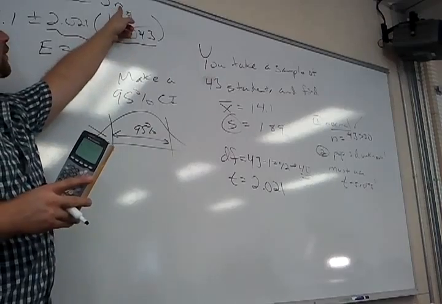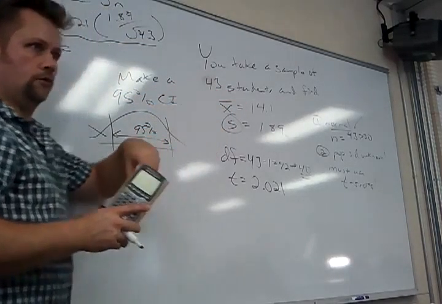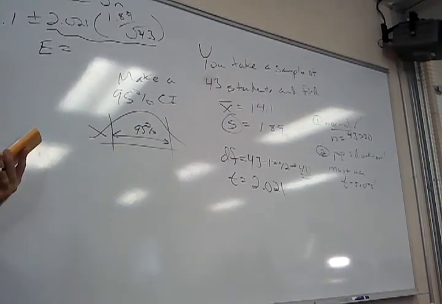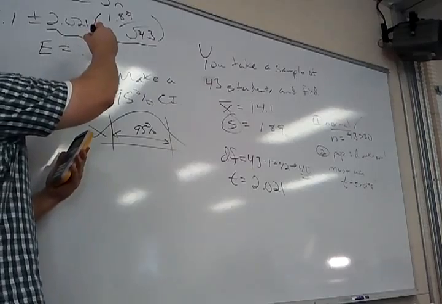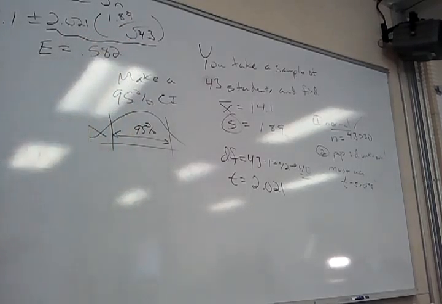The formula needs n. 43 is my sample size. Cool. So what are you guys getting for the error? I get 0.582. So then I would take 14.1 minus 0.582 and 14.1 plus 0.582.